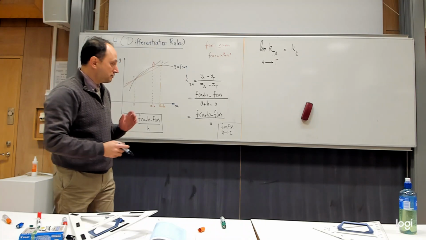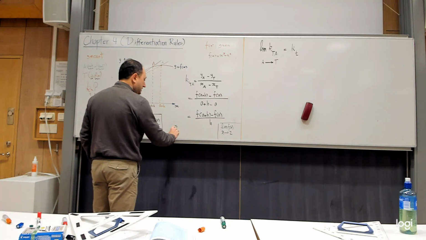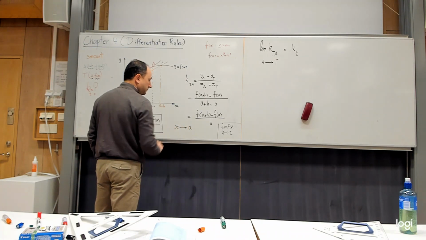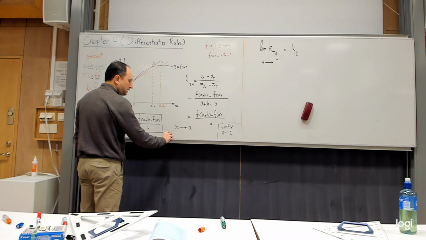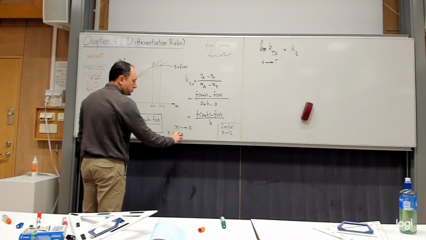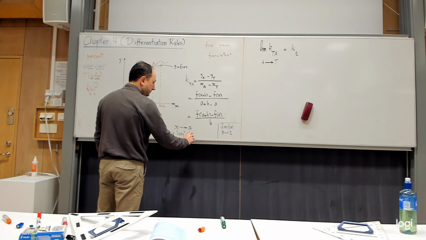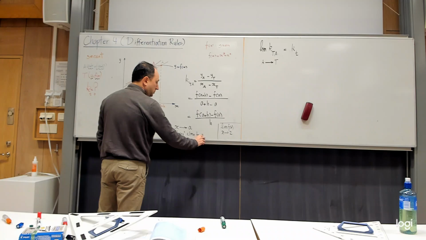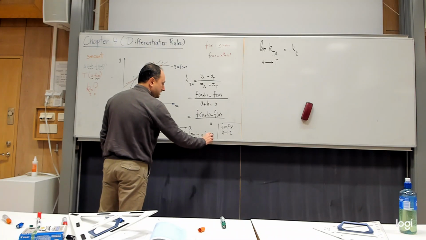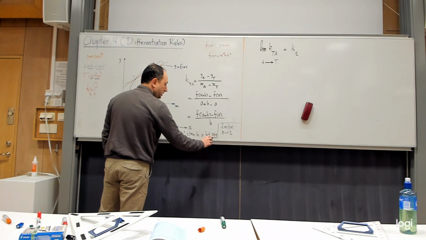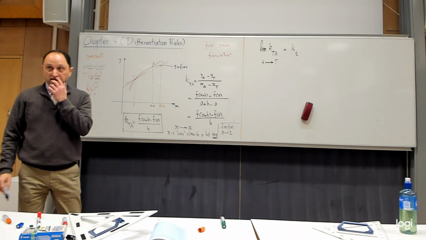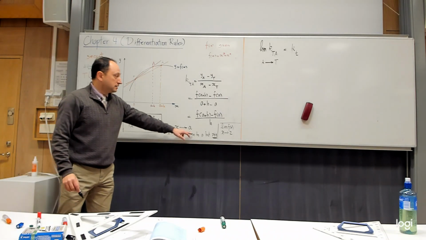Yes, be careful. This is very important. When you use this symbol in mathematics, it means that x is very close to A. But this is important: x is not equal to A. So this is implicit in this sentence.